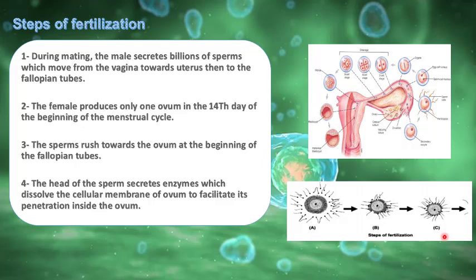Number 3, the sperms rush towards the ovum at the beginning of the fallopian tubes. Number 4, the head of the sperm secretes enzymes which dissolve the cellular membrane of the ovum to facilitate its penetration inside the ovum.